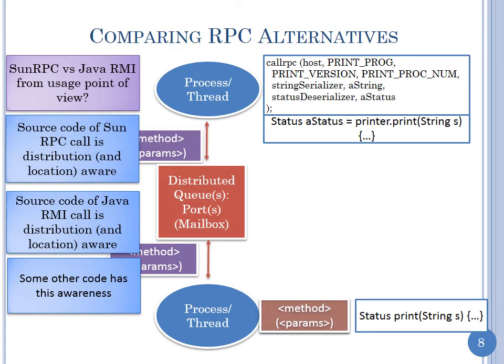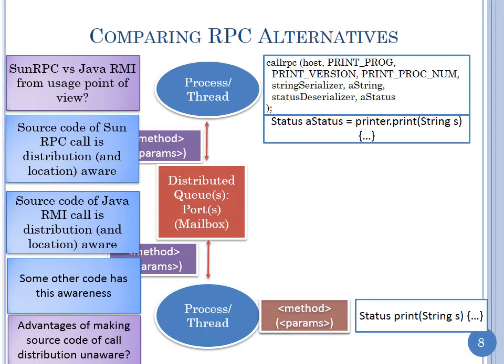My question to you is somewhat recapping the idea of location awareness, but let's be more specific. You can also see that you have to type more in the Sun RPC case and type less in the RMI case.